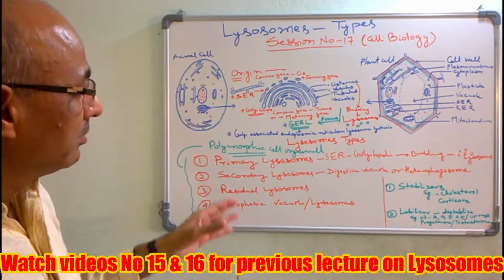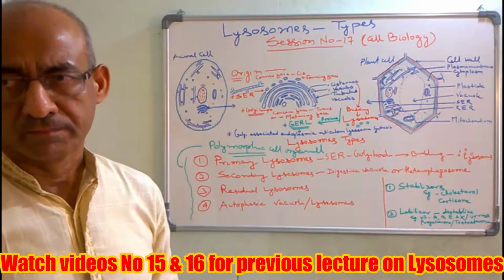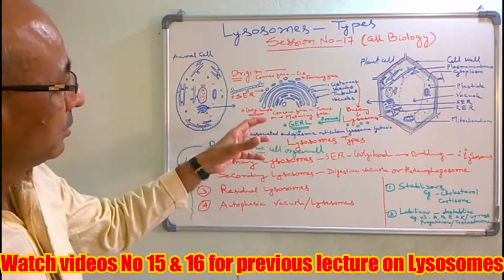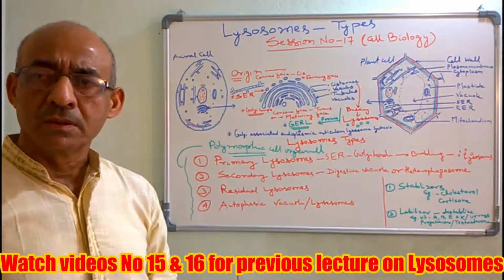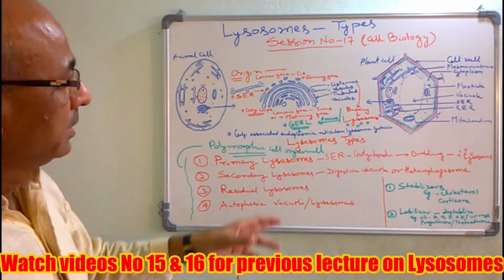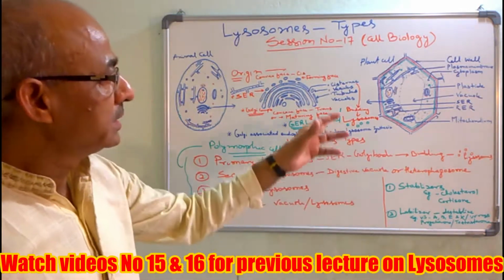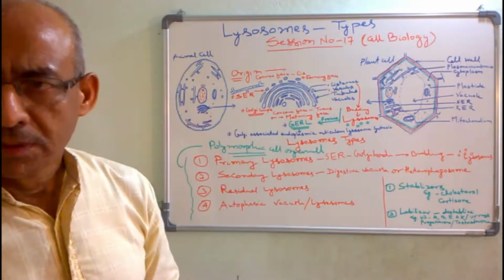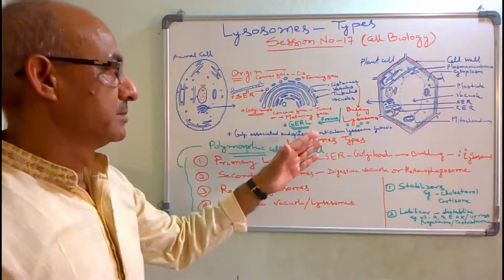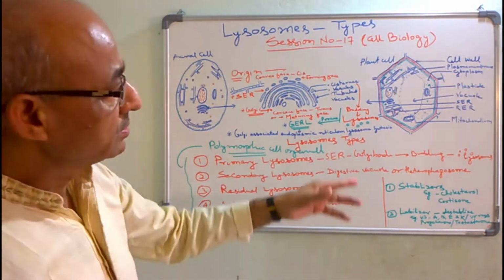Again, I am repeating that process in brief. With the association of the smooth endoplasmic reticulum, the Golgi bodies, particularly the cisternae of Golgi bodies, synthesize the lysosome by the process of budding.